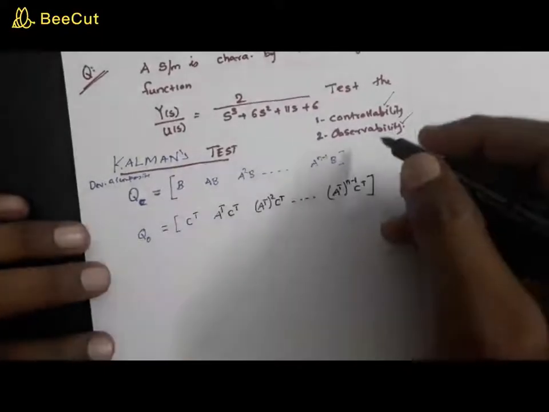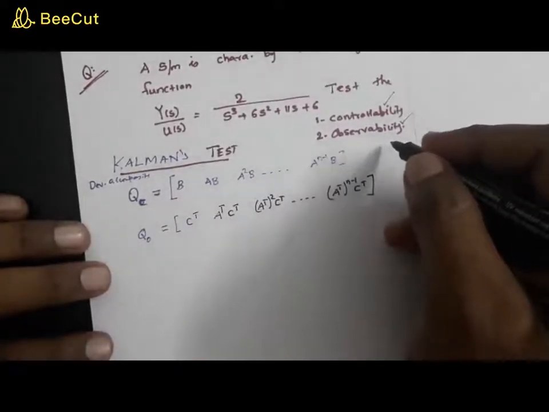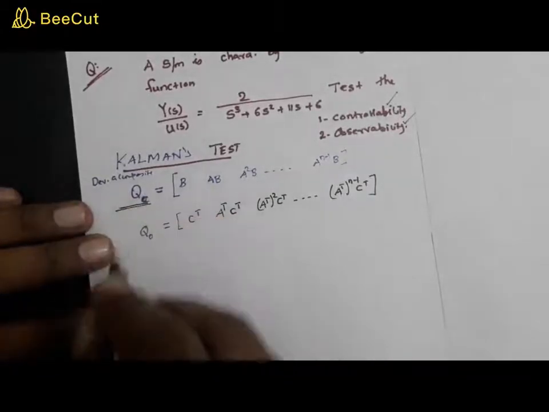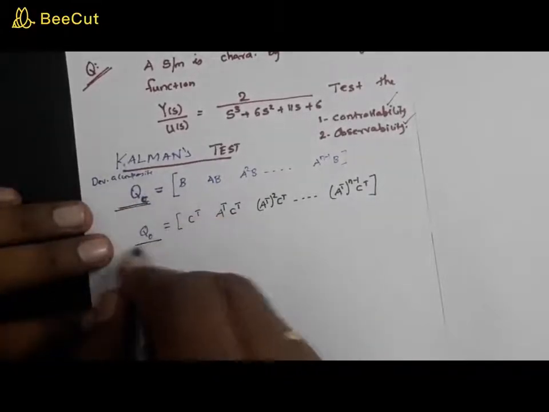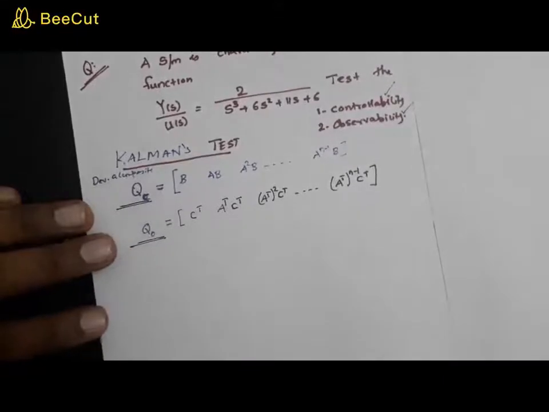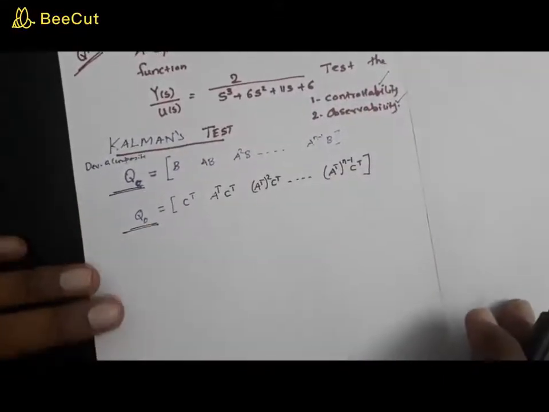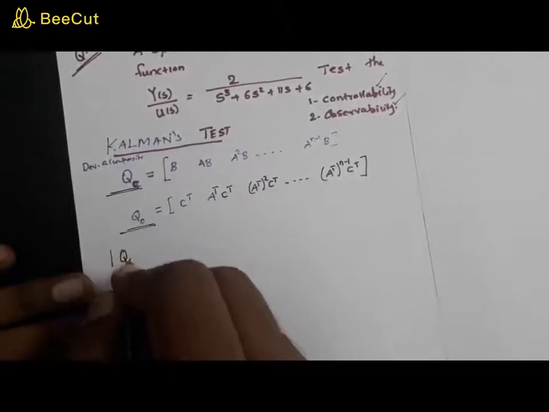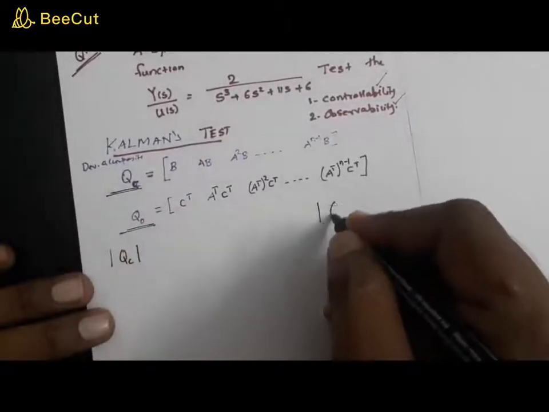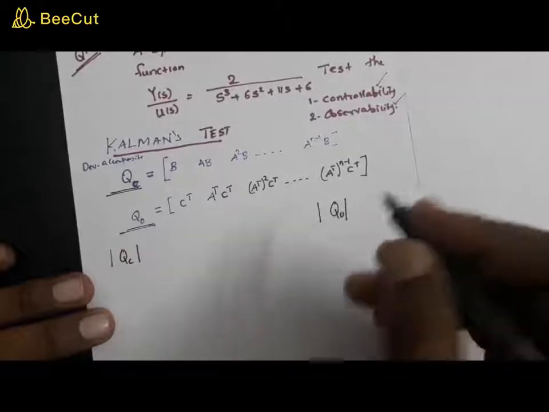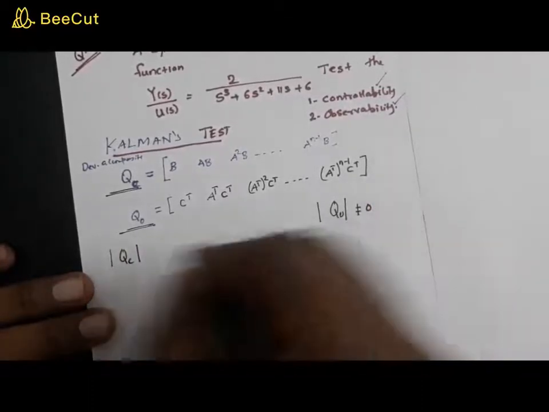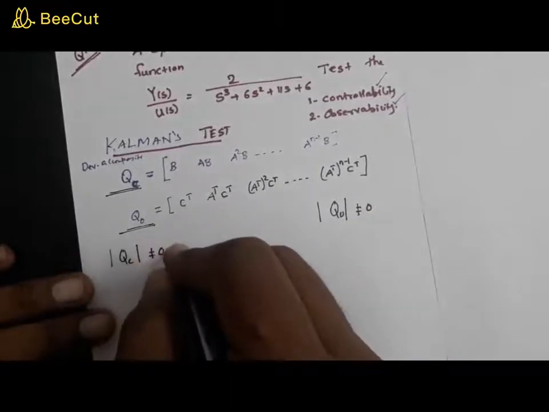Now, controllability is checked by this QC matrix, while observability is checked by the QO matrix. In both cases, what we need to find out is the determinant of QC as well as the determinant of QO.